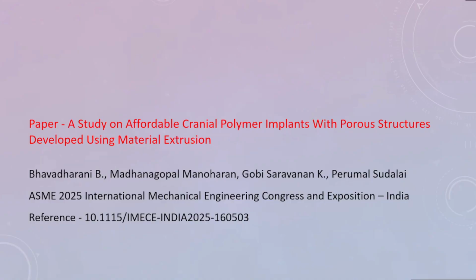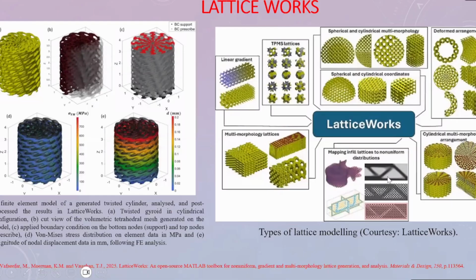Out of the different software packages available for lattice structures, which one is used for topology optimization? For topology optimization, LatticeWorks is much better because it is the MATLAB tool which I showed you in the previous slide. People have worked with this for the last 10 years, and people are using this beam for topology optimization, because there is a MATLAB topology optimization toolbox where you can create the topology optimization geometries.